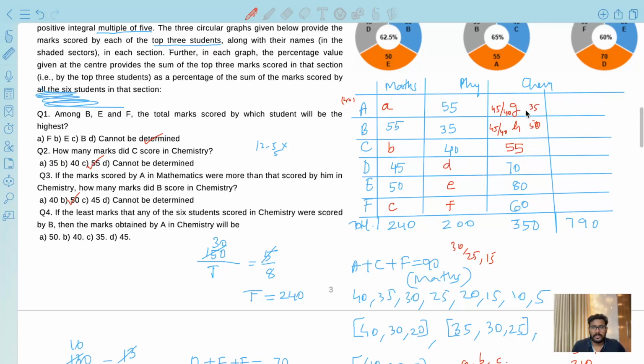That means A has to score 45. Yeah, solved it.